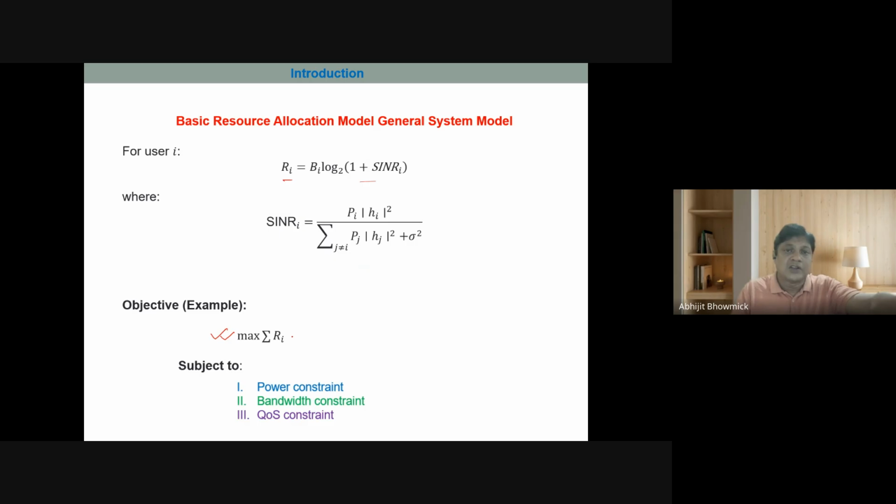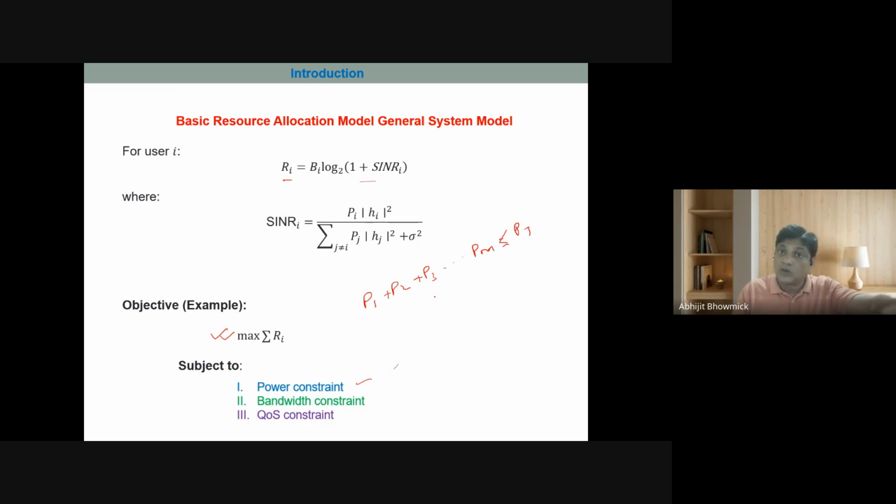Ri indicates the data rate or throughput of the ith user pair. Okay, when I'm maximizing, I have a power constraint, because m number of users are there, so P1 plus P2 plus P3 dot dot dot PM should be less than or equal to PT, that is a power constant.